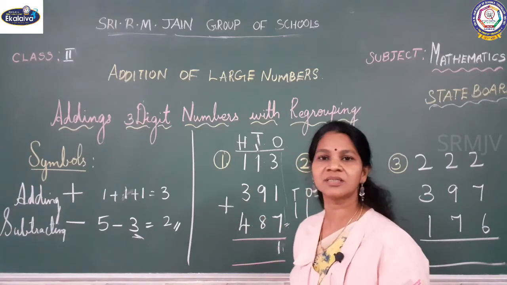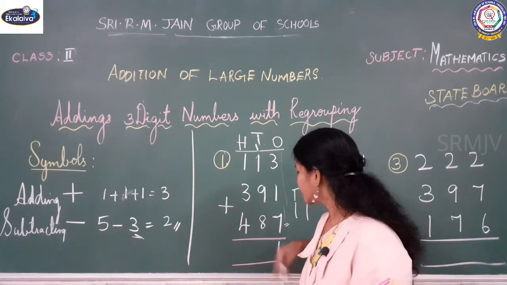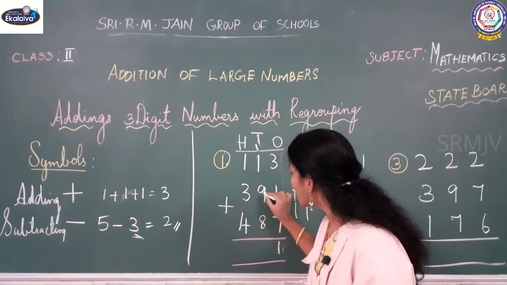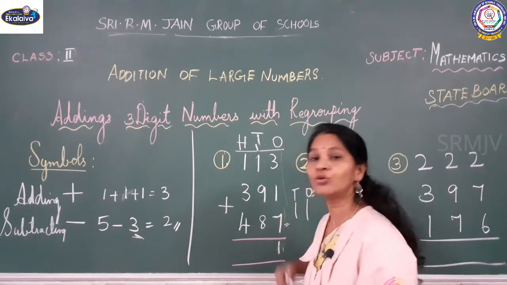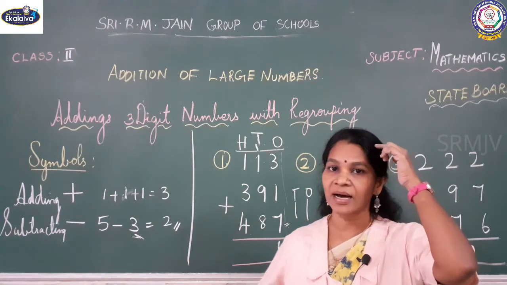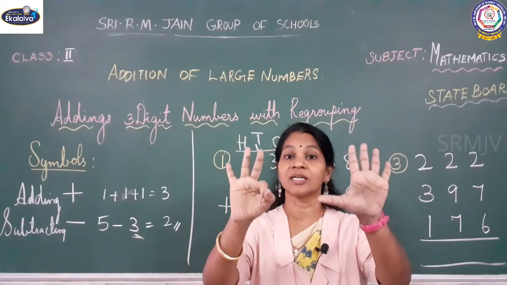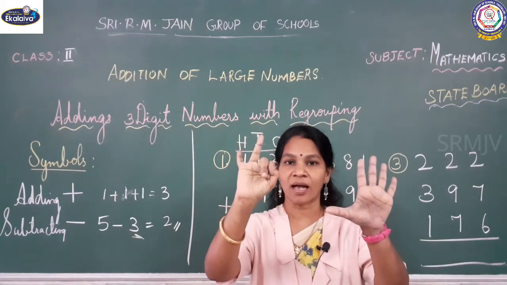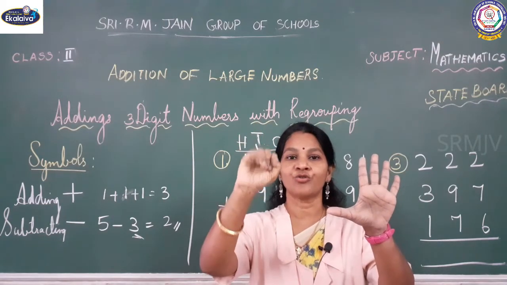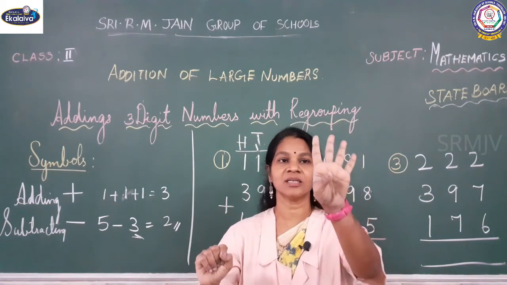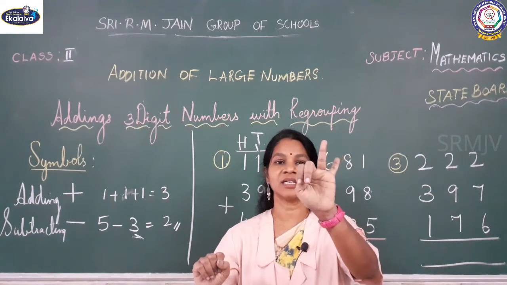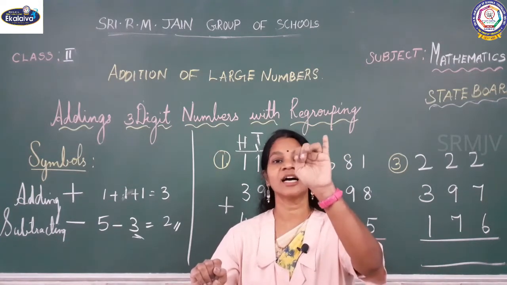Again, one more number is here. 8 is here. Then again we have to add 11 and 8. 11 in the mind and 8 on the fingers. 11, after that 12, 13, 14, 15, 16, 17, 18 and 19.